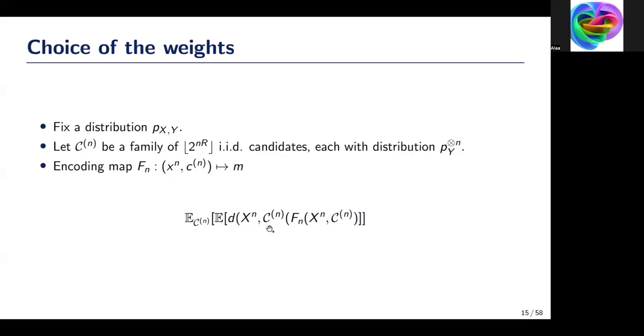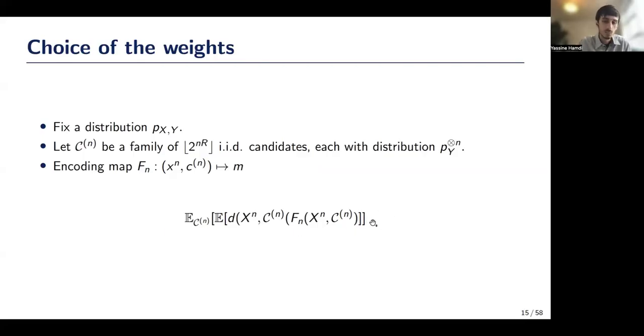Yes, go ahead. Here the R is fixed or not? Yes, good point. So for now, what I've been telling you about is let's assume that we have R that is fixed, and we just want to try to have this expectation less than D. And then once we know if it's possible, it will tell us if R was a good choice.